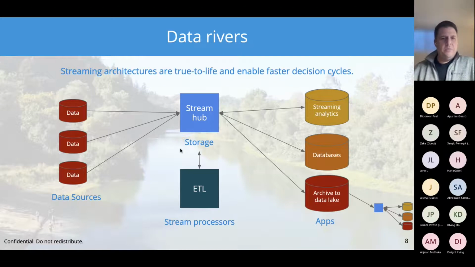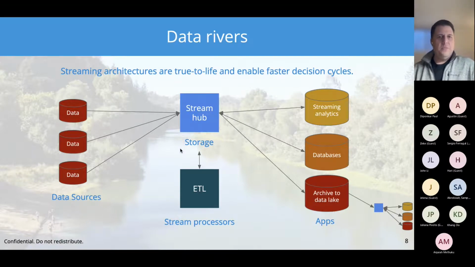So we came up with stream processors: Kafka Streams, Spark Streaming, things like that. These were some of the very first ones. Now we have Flink and a whole slew of others. But really the idea is to process the data on the stream as it's coming in and enrich it in less of a batch mode and more of an event-by-event mode.